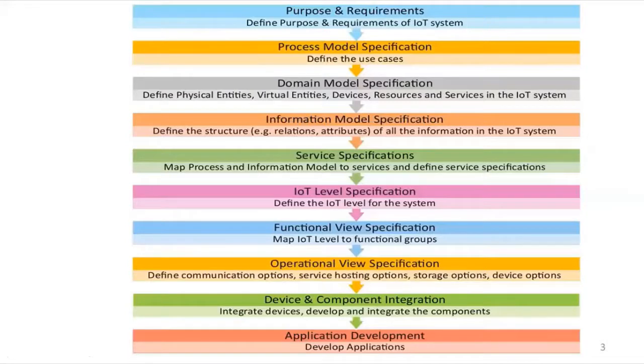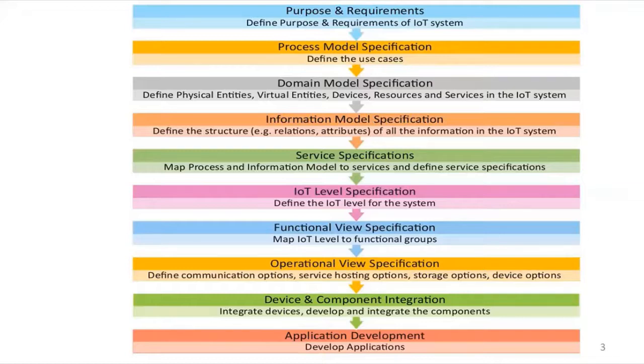The first one is requirements specification. In the requirements specification, we define the purpose and requirements of an IoT system. Here you are designing the IoT system. For what purpose are you designing the IoT system?